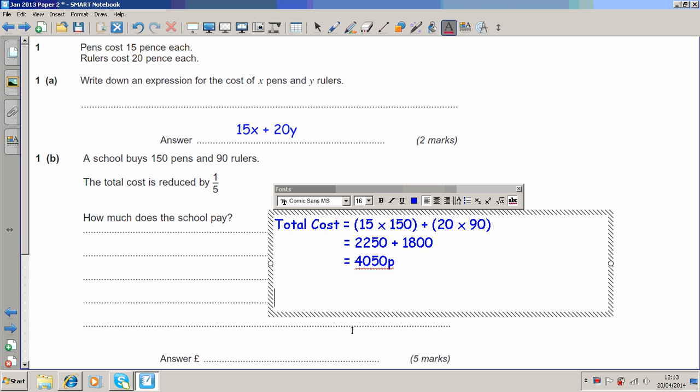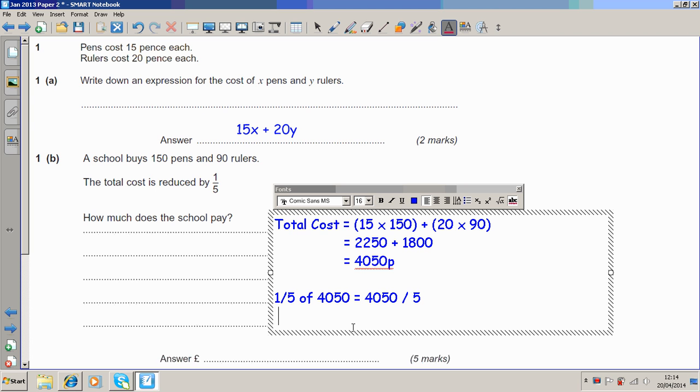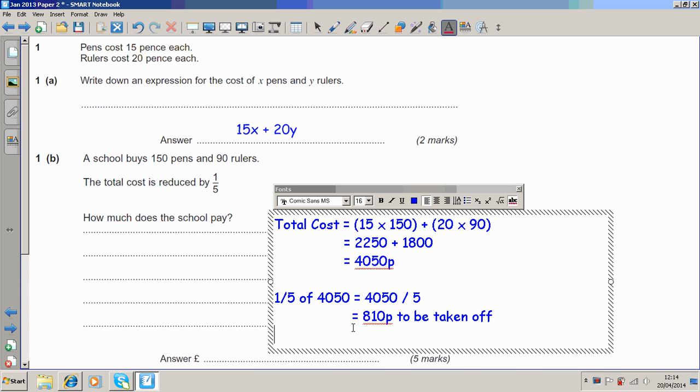Okay, so now 1/5 of 4,050 is 4,050 divided by 5, which is 810 pence to be taken off.